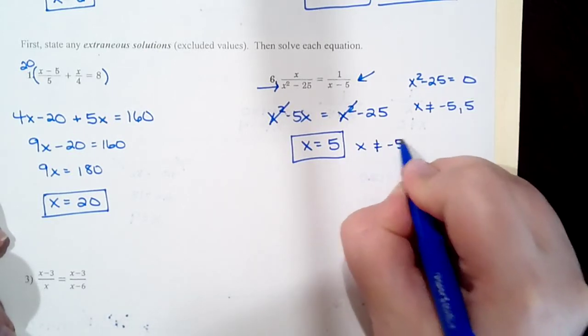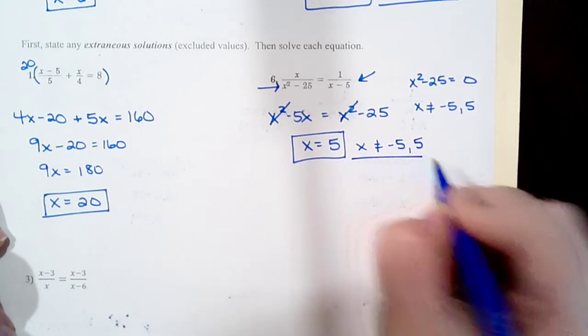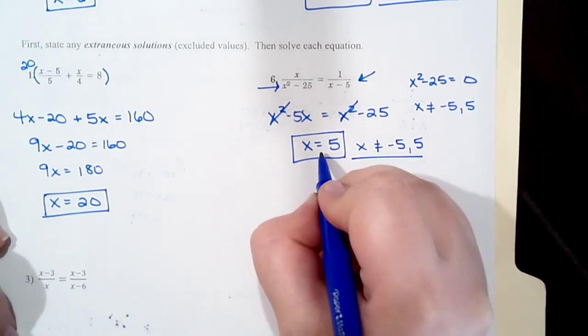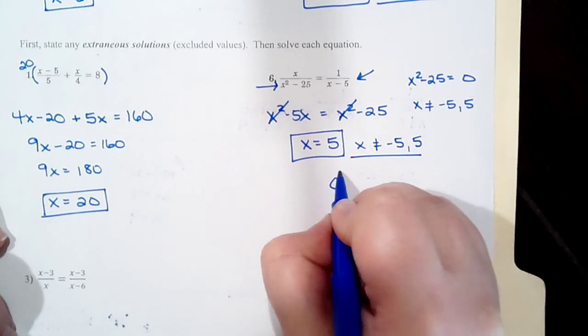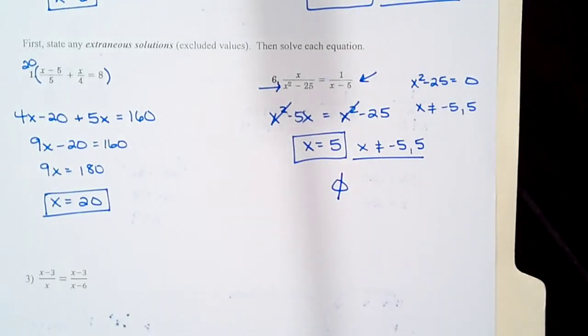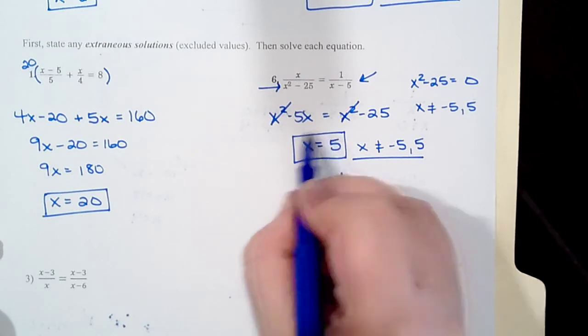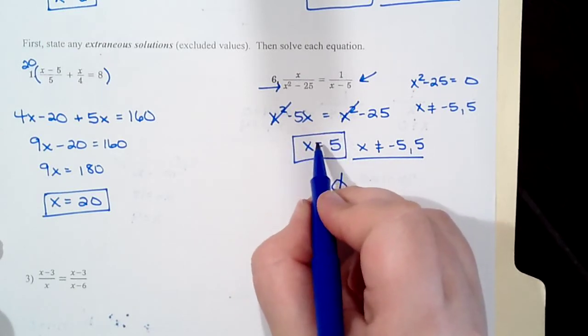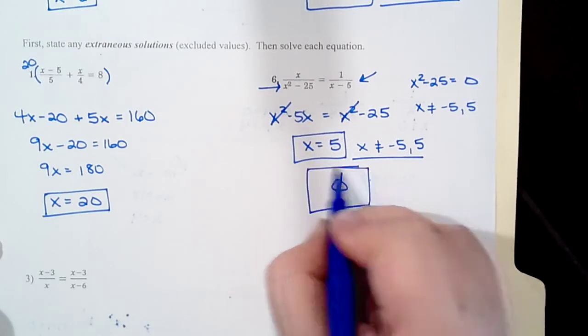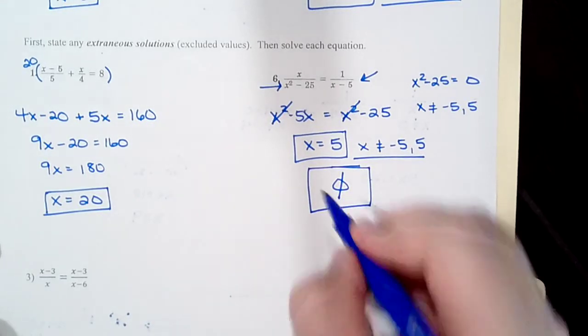So when I write that down, you're going to notice very quickly that one of my extraneous solutions is the solution I found. Therefore, there are no solutions. See, this is what happens when you get too excited about cross multiplication. Even though 5 looks like it should work, it breaks the laws of math and we have no solution.